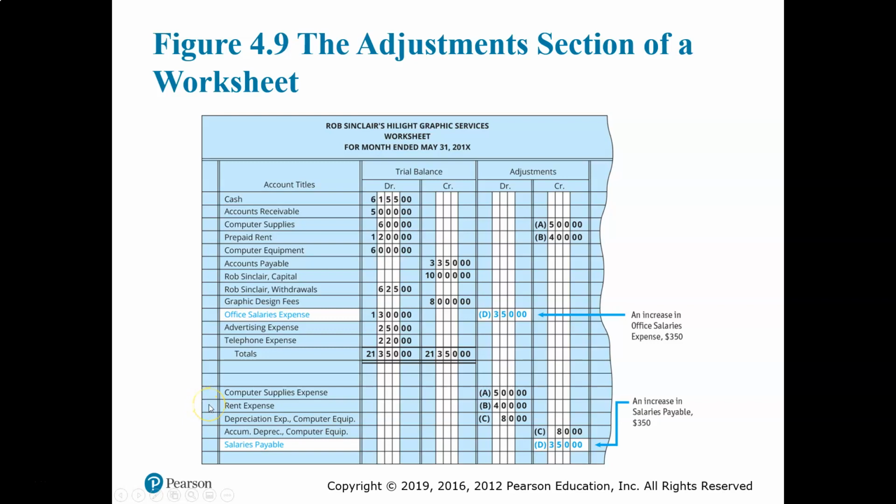We had to adjust prepaid rent and recognize 1 month of rent expense. We had to depreciate computer equipment for 1 month. And we also had to recognize salaries that were not yet being paid until the following month, but we had to recognize that expense in May.